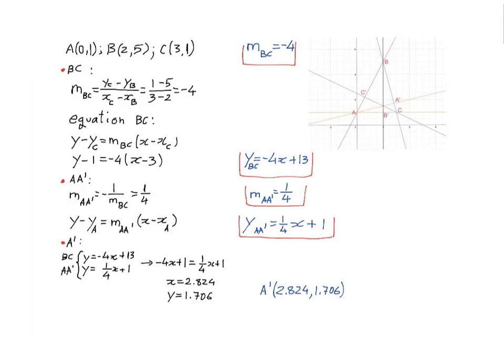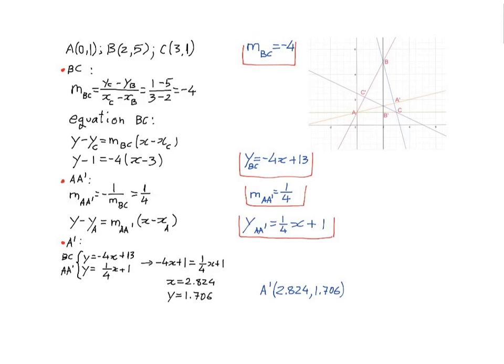We've got the coordinates of the 2 points along this line, B and C, and we can find the gradient by saying MBC, the gradient, is equal to YC 1 minus YB 5 over XC, which is 3, minus XB, which is 2. And the gradient for BC is going to be negative 4.